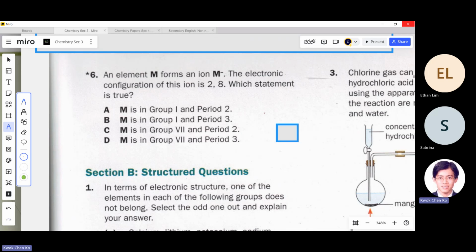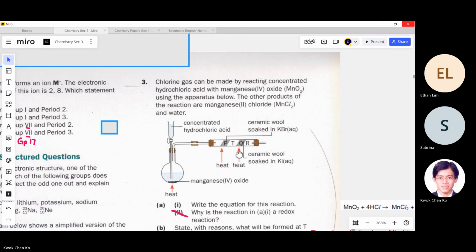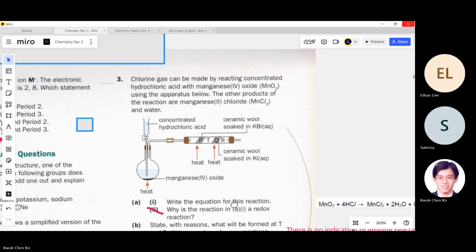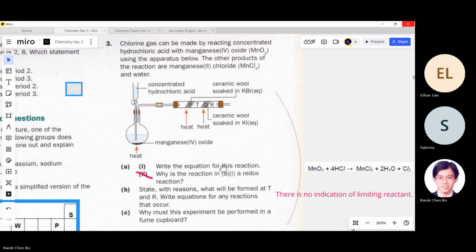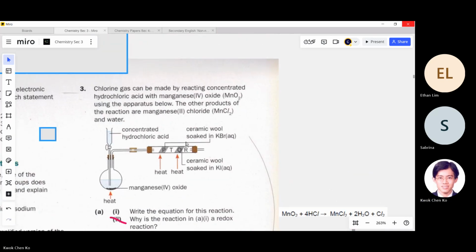Okay, same thing for number 6, in case you haven't figured out. This is group 17. Richard, any question?